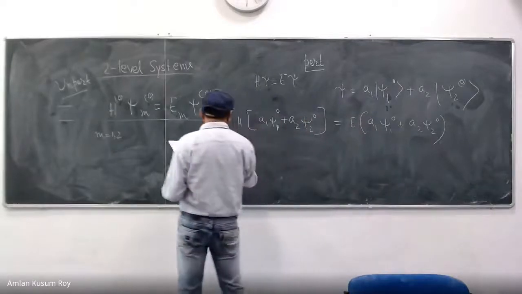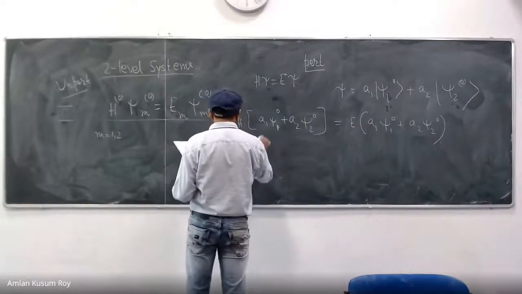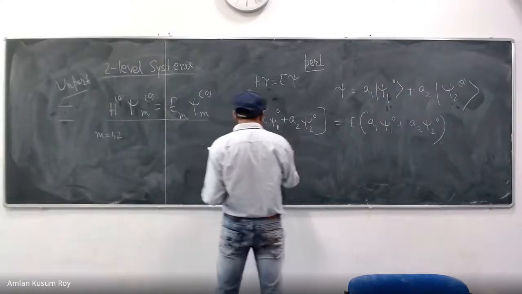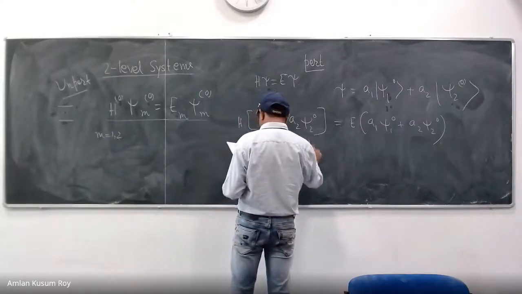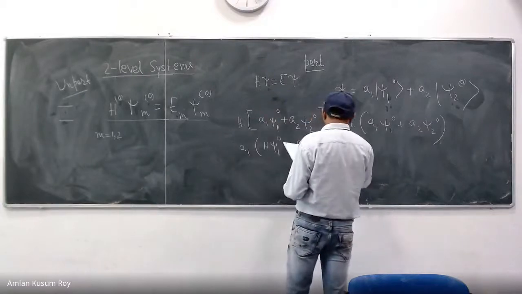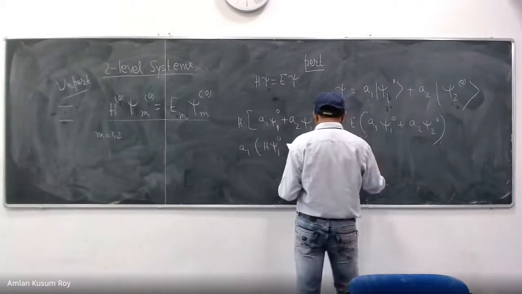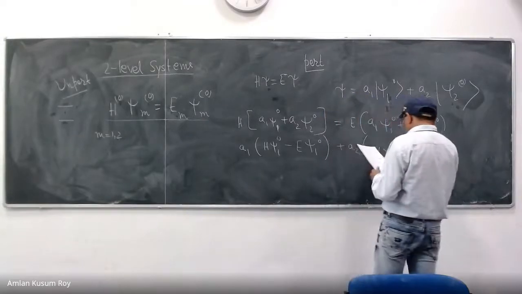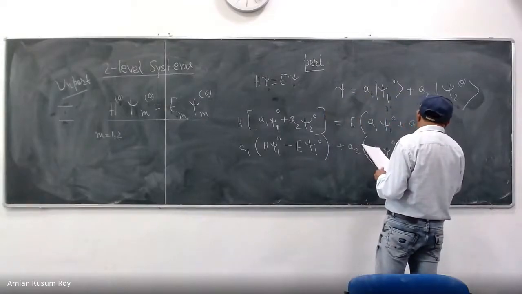So that means you can write A1 (H psi 1 0 minus E psi 1 0) plus A2 (H psi 2 0 minus E psi 2 0).